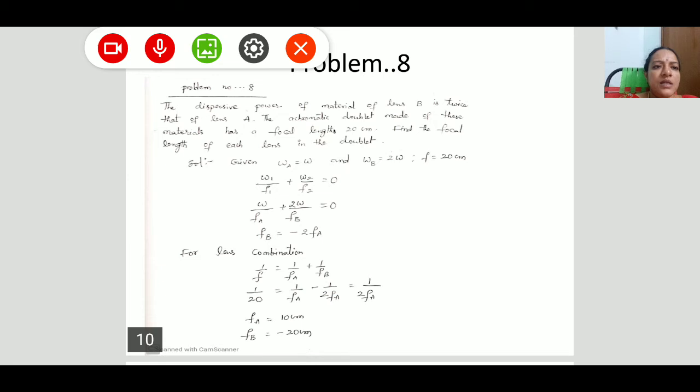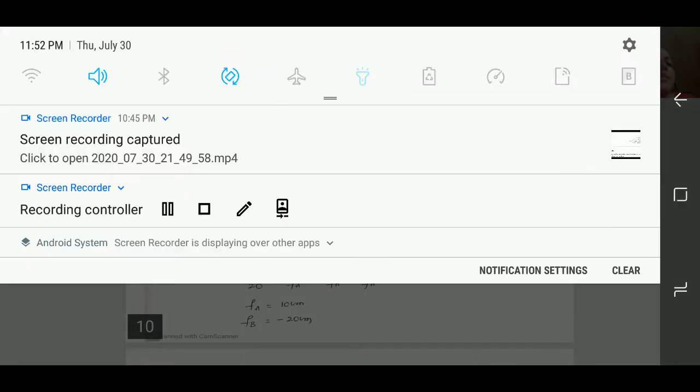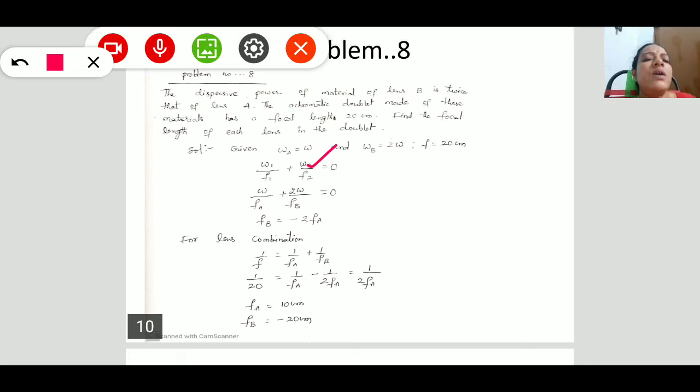Find the focal length of each lens in the doublet. This is also an achromatic doublet. Simply we use omega 1 by f1 plus omega 2 by f2. This is the key formula we can use, and by using this formula we can solve this one.